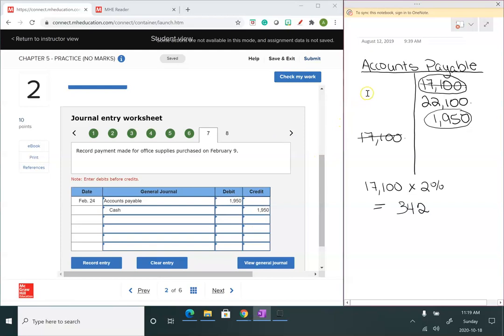So I'll just put this here, $19.50. So now what you'll see is I had it originally in accounts payable, and now that you pay it, you take it out of accounts payable.